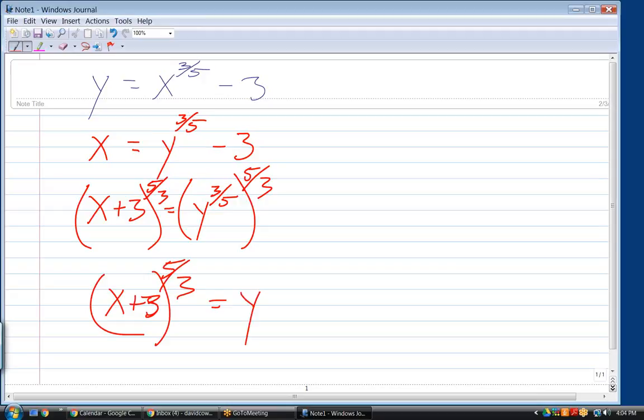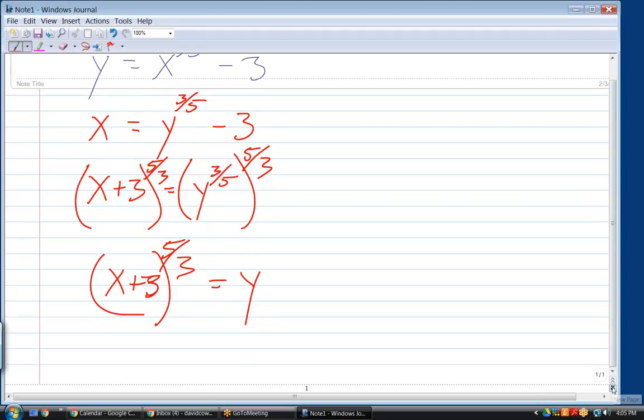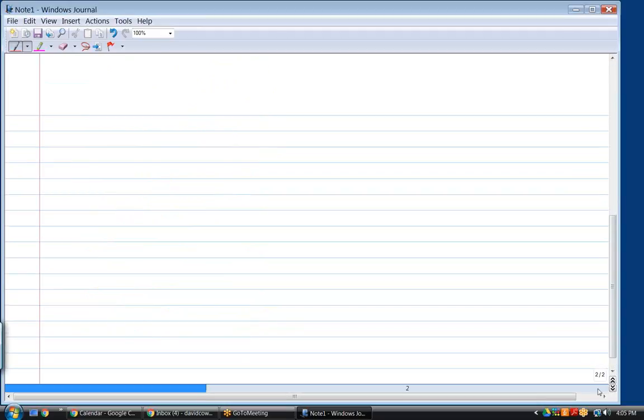That's the inverse function. All inverse problems are solved exactly this way unless you get one of the more difficult ones. If you get a quadratic on one side, that's going to be a little bit harder.